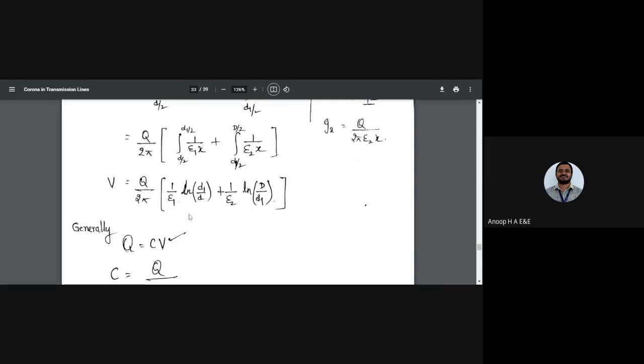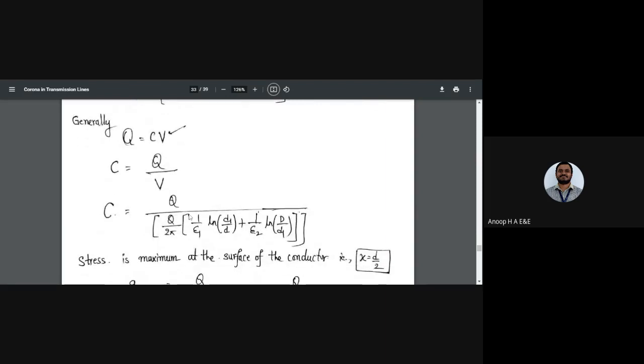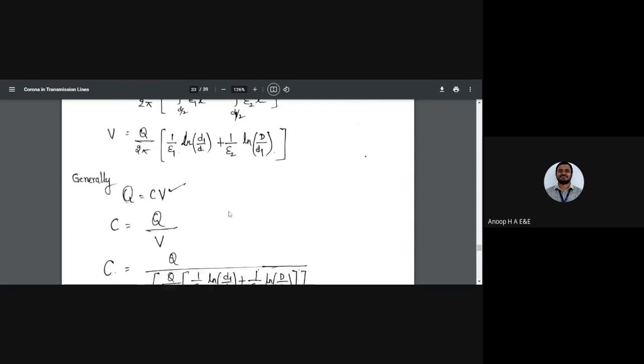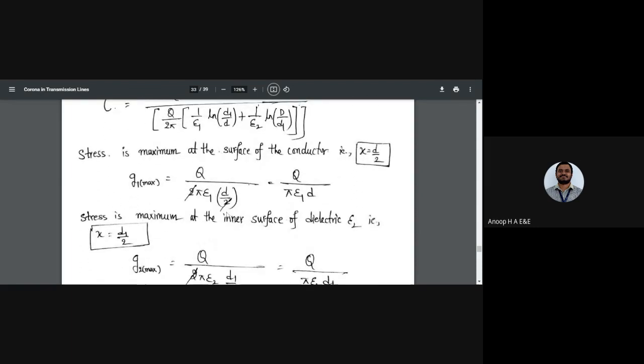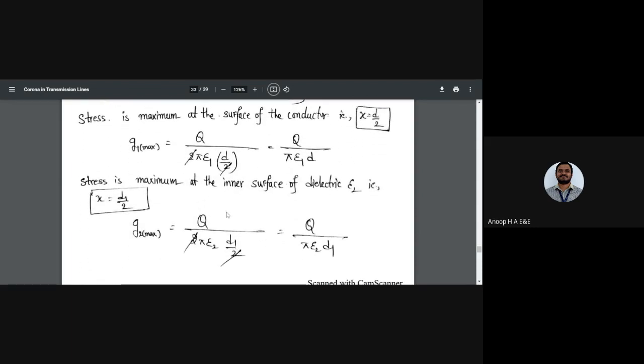And so we know that generally Q is equal to CV, the general formula. You can also find the capacitance as Q divided by the voltage equation, which you can substitute here. We know that stress is maximum at the surface of the conductor, and I can replace x with d by 2.